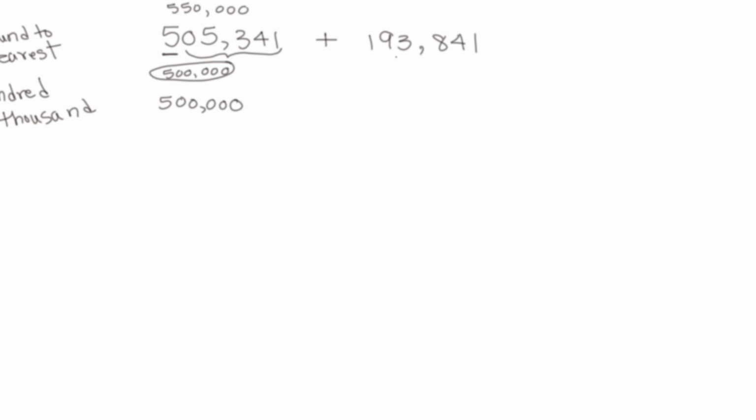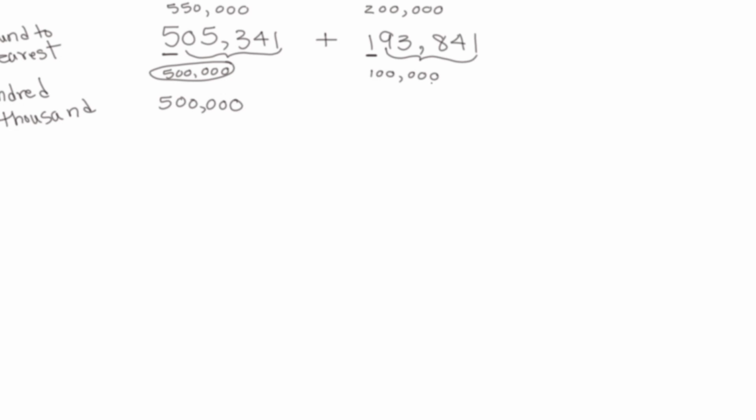Now let's do the same with this number. Again, we're rounding to the 100,000, so we have 100,000 here. But if we look at the rest of this number, and we think the next highest 100,000 would be 200,000, and it already has 100,000, where would this number be closest to?